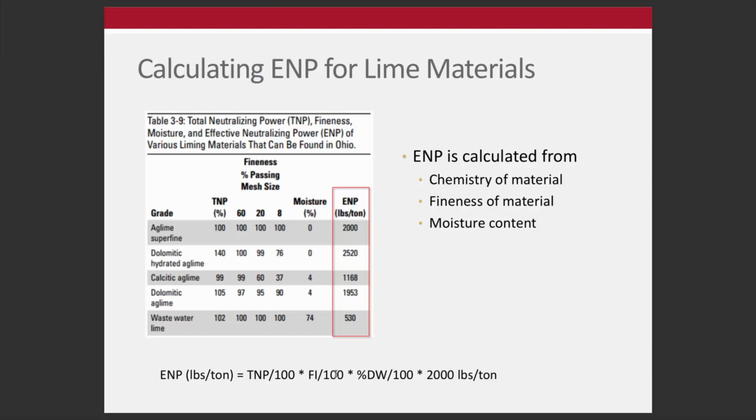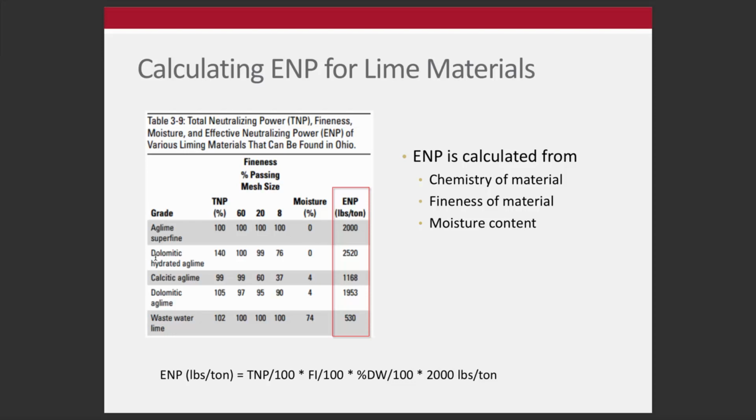Okay, so ENP, effective neutralizing power, is reported in pounds per ton. So something like ag lime that's super fine has an ENP of 2,000 pounds per ton. Okay, and that's essentially our standard, which these other materials are measured against.